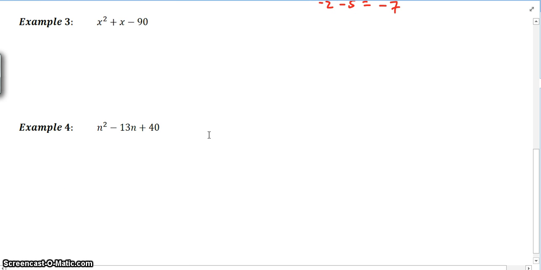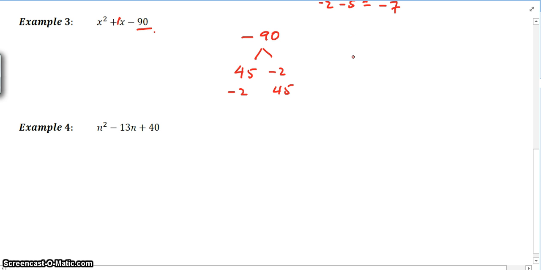Next example, x squared plus x minus 90. So I'm going to find two numbers that multiply to give minus 90, but add up to give positive 1. So I'm going to write out my pair factors for minus 90. They are 45 and minus 2, so we've got minus 2 and 45.